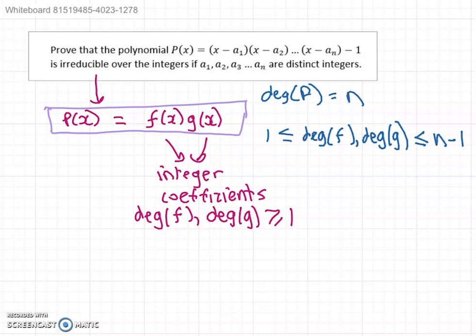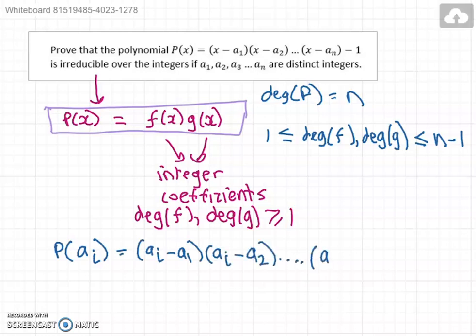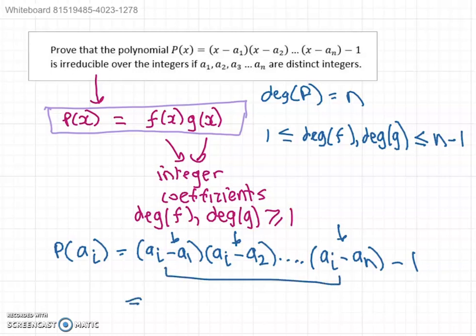Okay. What we can also see is, if we substitute any of the ai's into p, we will have (ai minus a1), (ai minus a2), up to (ai minus an), minus 1, and we'll eventually have ai minus ai coming up, so this product will become 0, and we'll have 0 minus 1, which equals minus 1.